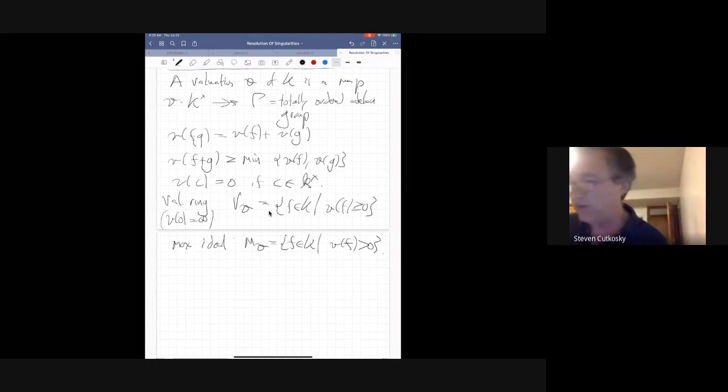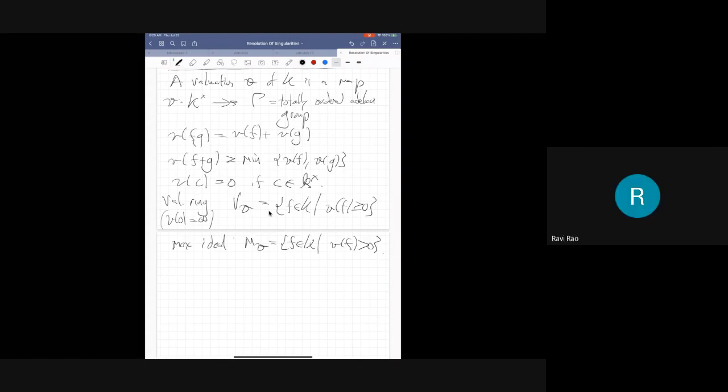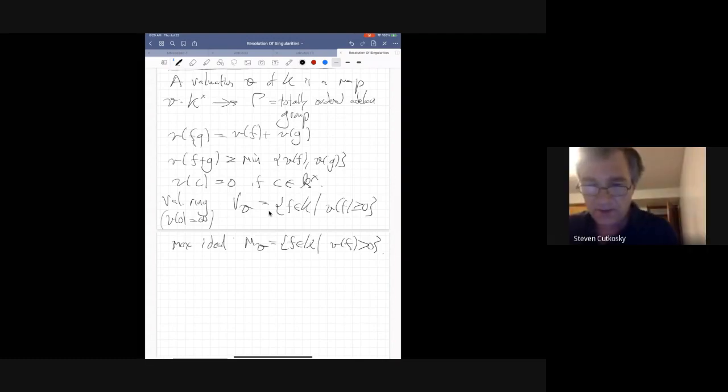Now, what this allows you to do is sort of embed or almost embed algebraic geometry in commutative algebra. So if you have a birational map between algebraic varieties, that means that they're isomorphic on an open set. Then you can make this more geometric by picking out a valuation, because if you fix a valuation, it determines a unique point on a variety.